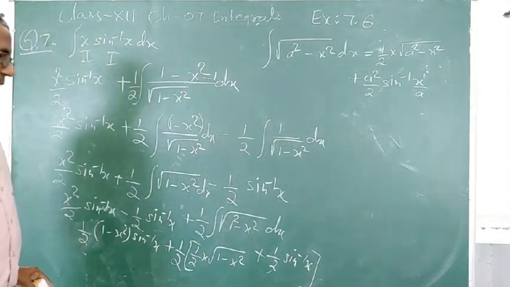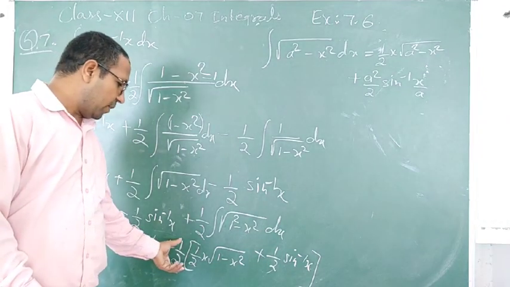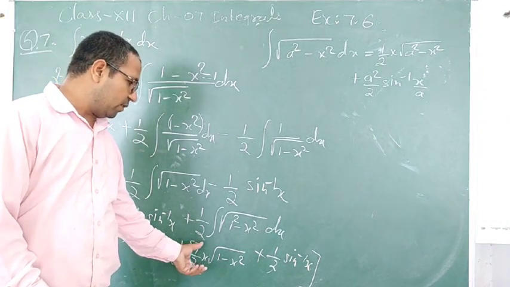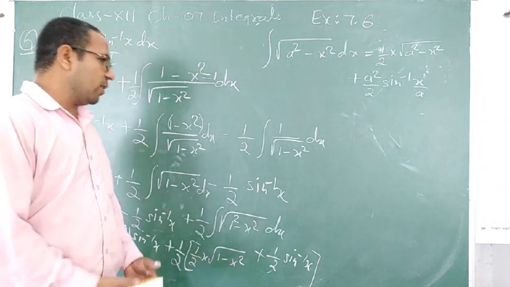So now students, what we have to do here? We have to multiply this portion. So 1 by 4 it will become here, and that is also 1 by 4.